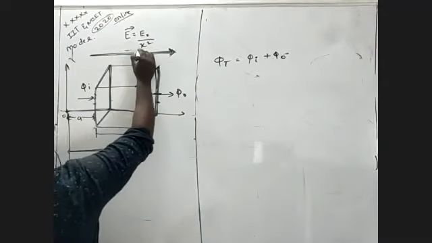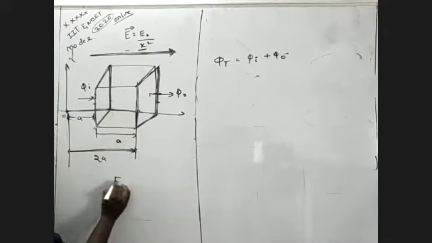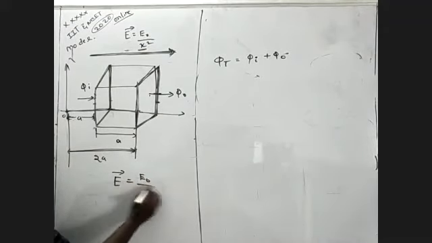Here, X means this is X, this is X. E bar is equal to E naught by X square.